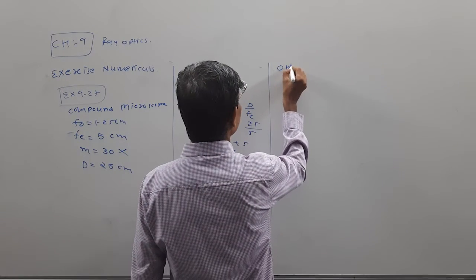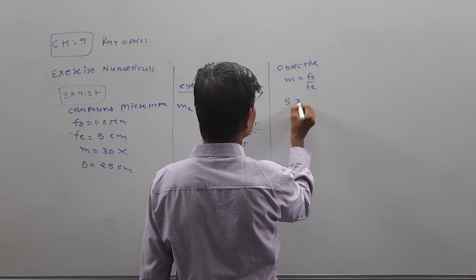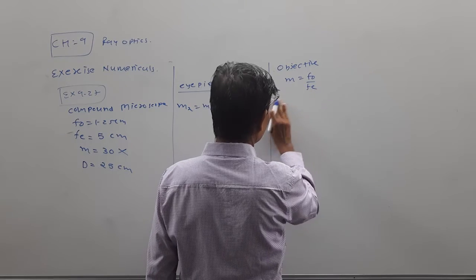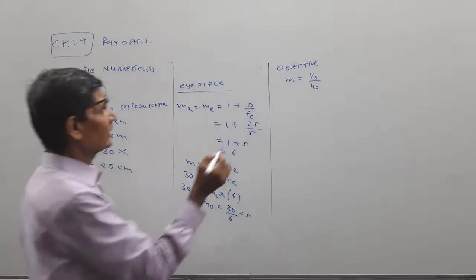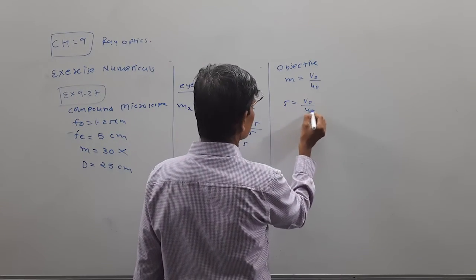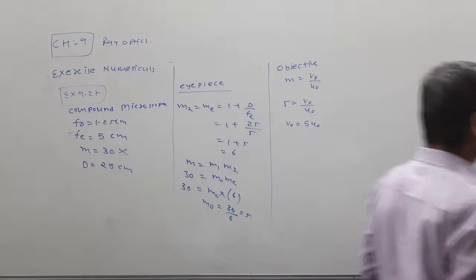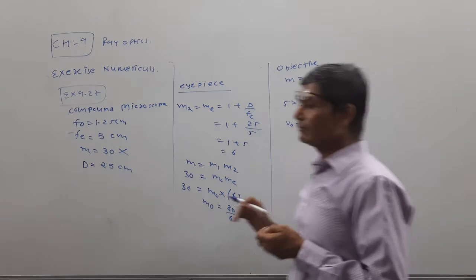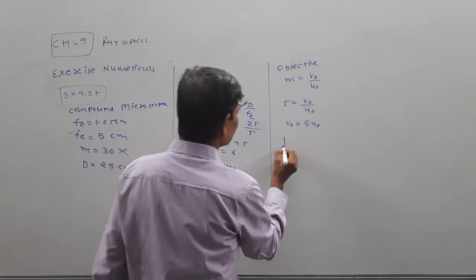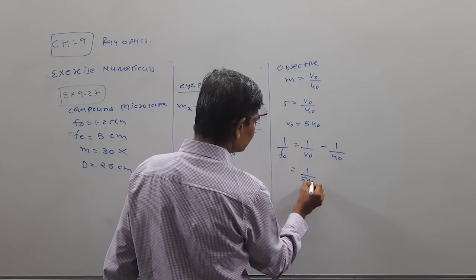First we solve for the objective. M is equal to V by U. Magnification is 5. Now we substitute the values. 1 upon F. V0 is 5 U0.